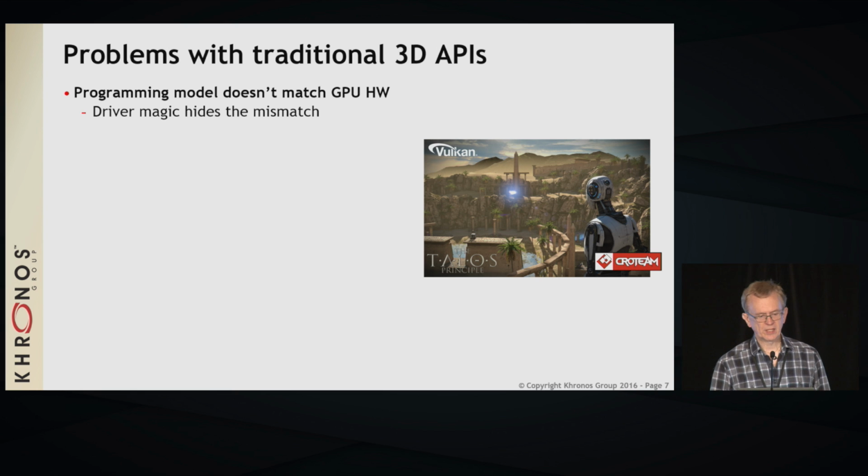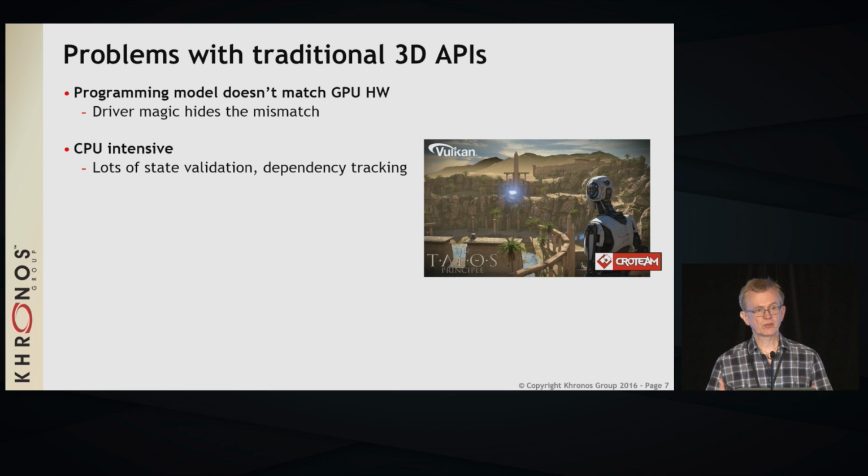I don't want to belabor the point and go back too far into the dark past. You know why we had to do this, right? We're all OpenGL guys. I loved OpenGL, but it had problems that we couldn't fix by adding more extensions. It was time to start over. The problem fundamentally came down to the programming model of the old APIs, DX11 and OpenGL, not matching the way the hardware worked. It wasn't even close. And so the gaps had to be filled in with driver magic.